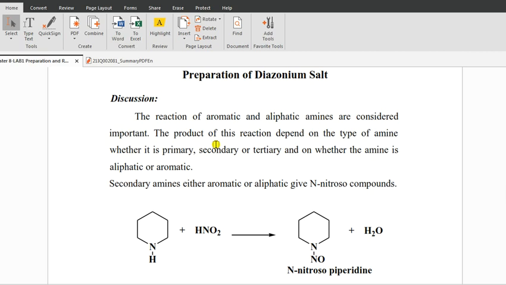As we said, the product of this reaction, the preparation of diazonium salt, depends on the type of amine, whether it is primary, secondary, or tertiary, and whether it is an aliphatic or aromatic amine.